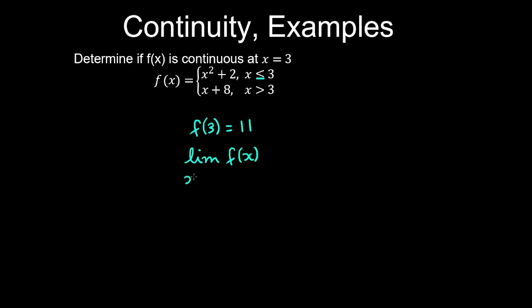So as x approaches 3 from the left, the function approaches 11. And similarly, as x approaches 3 from the right, the function also approaches 11, and therefore the limit as x approaches 3 exists.